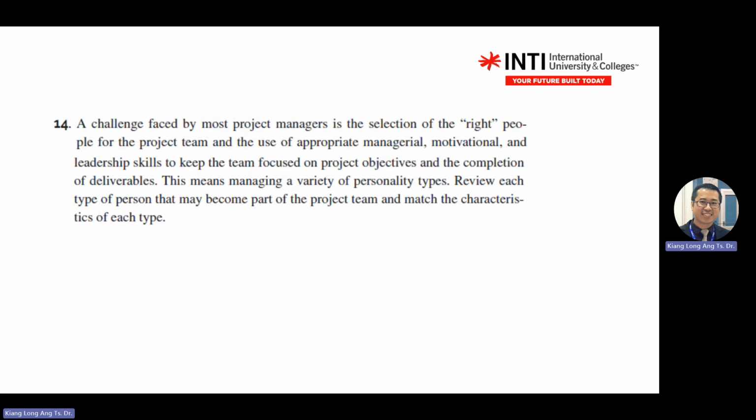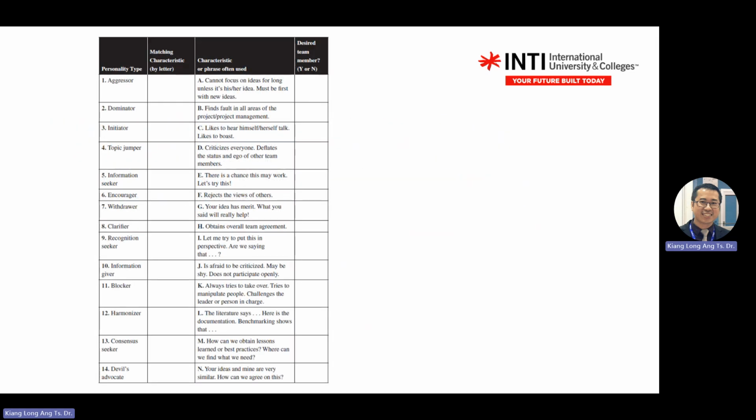You match column number 1 with the characteristics often used, A, B, C, D, E, and then you answer whether you desire this kind of person in your team or not. The first one, aggressor, I give you as an example. Aggressors like to criticize everyone. Do you like this kind of person in your team? Yes or no?